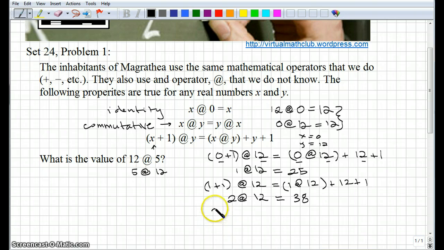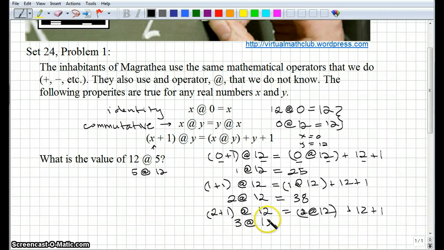So I can say 2 plus 1 at 12 is equal to 2 at 12 plus 12 plus 1, right? So what does that tell me? That tells me that 3 at 12 is equal to 38 plus 13, which is equal to what, 51? Right? 11 plus 40, yep, 51.